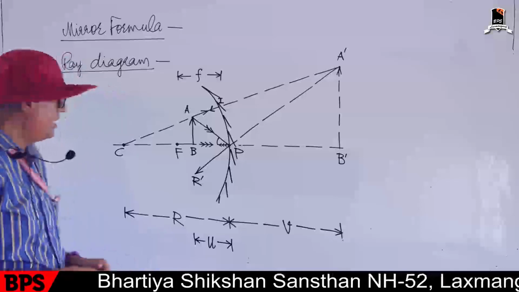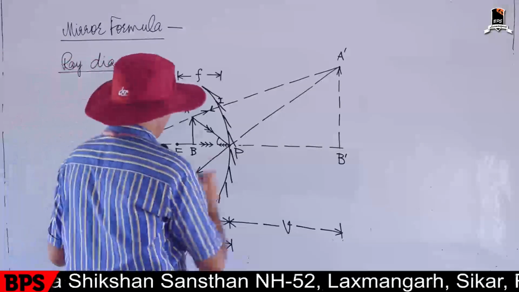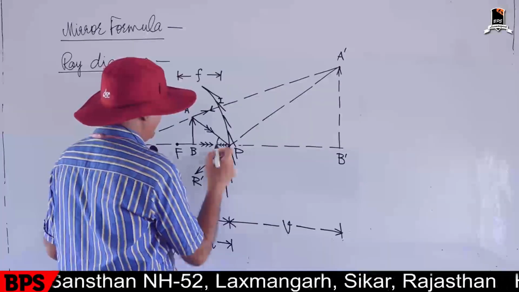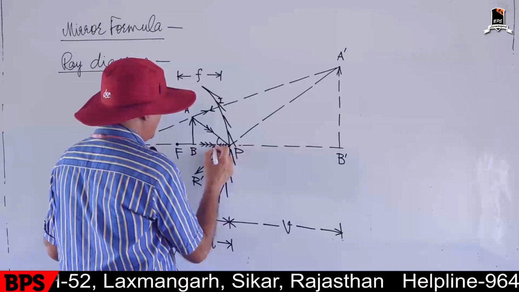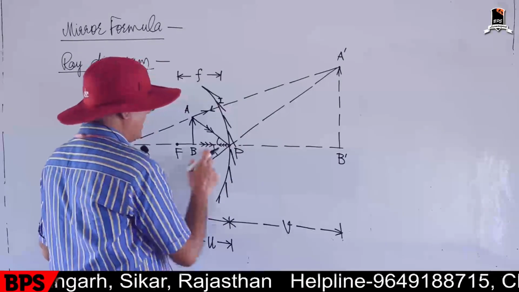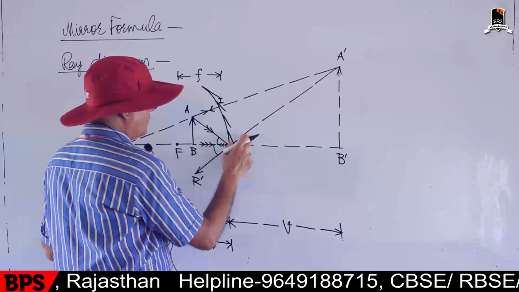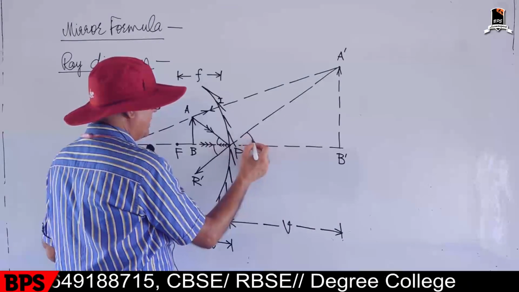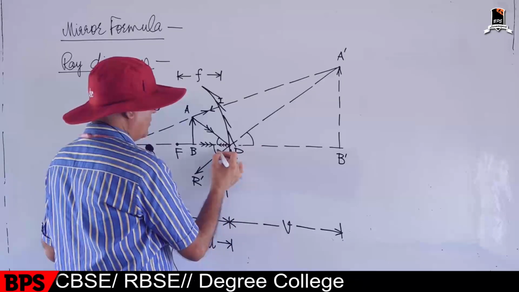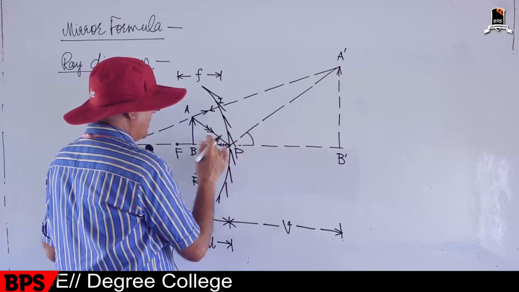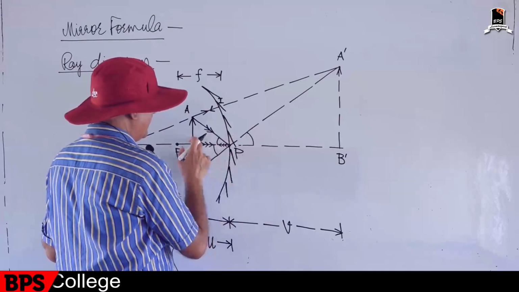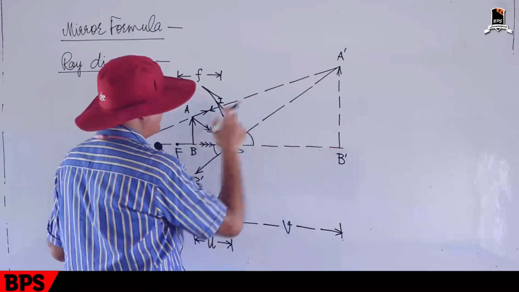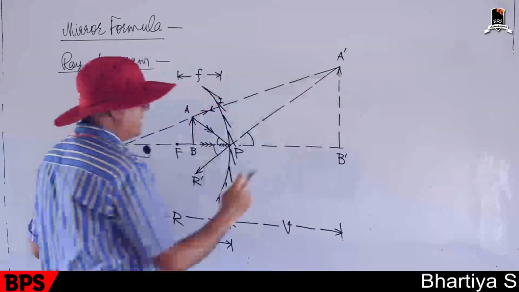Why similar? Because due to reflection laws, this incidence angle is equal to this reflection angle, and since this angle is vertically opposite to this angle, this angle is also equal to this I angle. So these two angles are equal, these are right angles, and the third angles must be equal automatically.